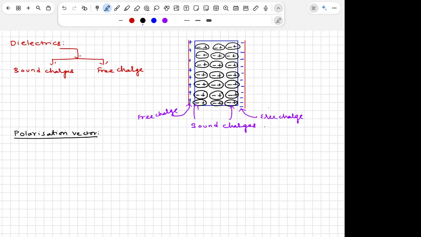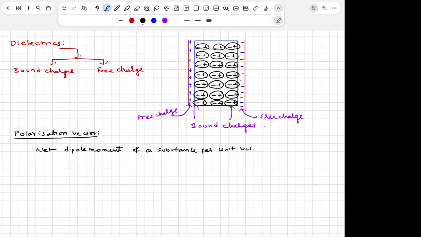So, the net dipole moment of a dielectric substance, measured per unit volume, is actually called the polarization vector.